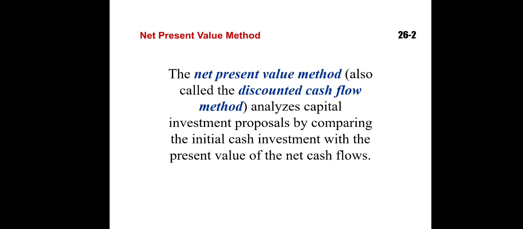This is about the net present value method. The net present value method, also called the discounted cash flow method, analyzes capital investment proposals by comparing the initial cash investment with the present value of the net cash flow.